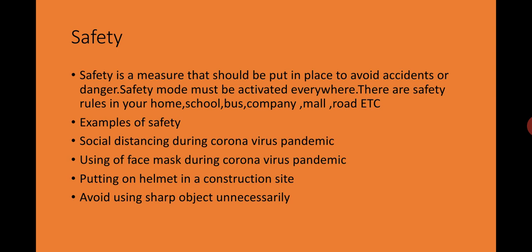There are safety rules in your home, school, bus, company, malls, road. You look left and right before you cross is a safety mode. You look very well before you alight from the school bus is a safety mode. You look around your seat before you sit down in the class is a safety mode.